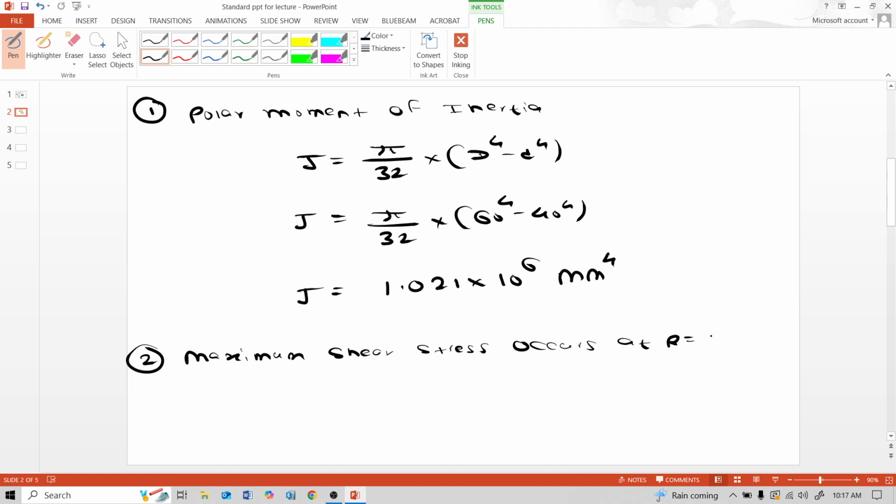Maximum shear stress occurs at capital R is equal to capital D by 2, and this capital D is 60, divided by 2, that means it is 30 mm. So this capital R is 30 mm.